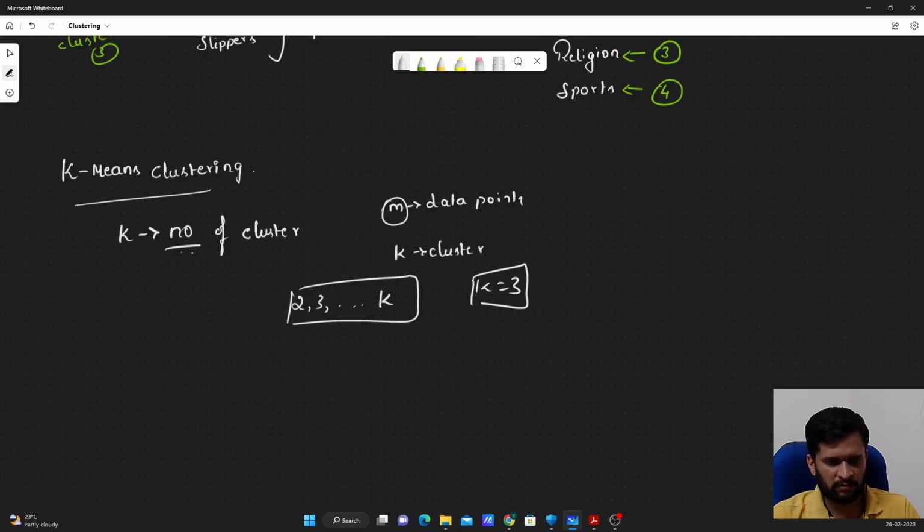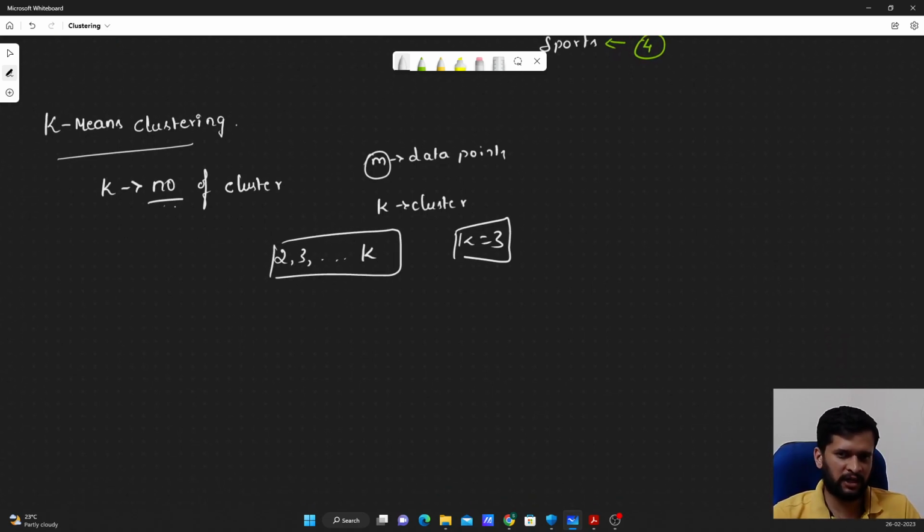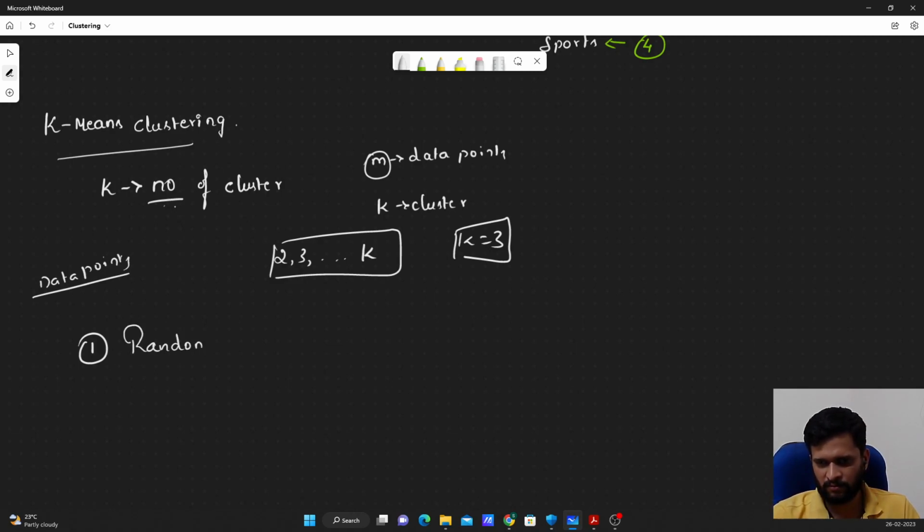Now there are some steps which k-means clustering follows. So I will list them here one by one. So the first step is, given a set of data points, so we will be given a set of data points, right? So once we have the set of data points, we will randomly initialize k clusters.